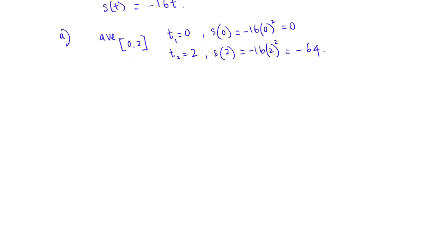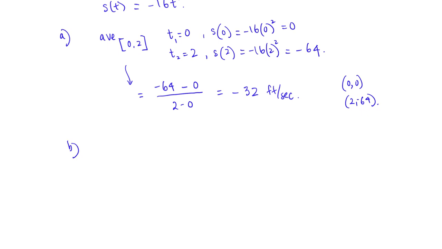The average velocity between these 2 instances is therefore the ending position minus the beginning position over the time elapsed, which is 2 seconds here. The result is minus 32 feet per second. This is simply the slope of the secant line between the 2 points 0, 0 and 2, minus 64.